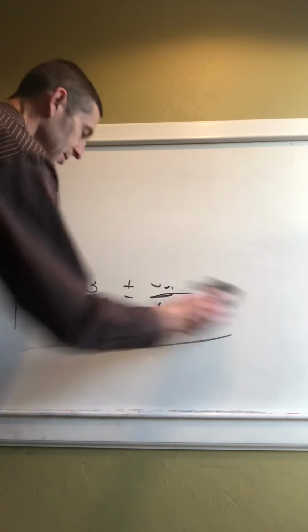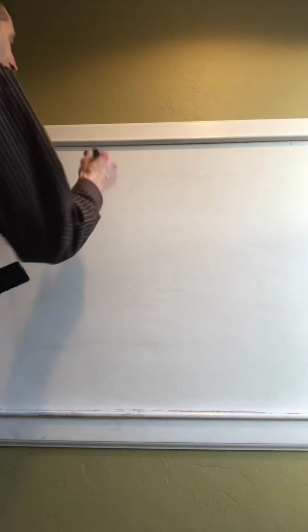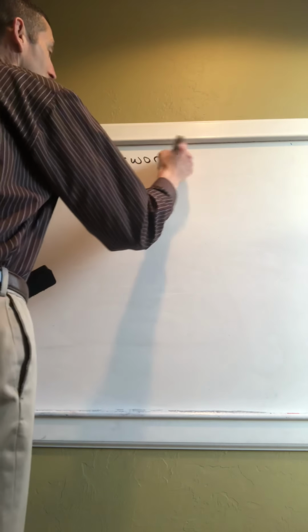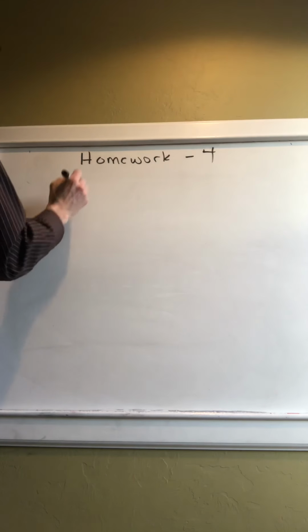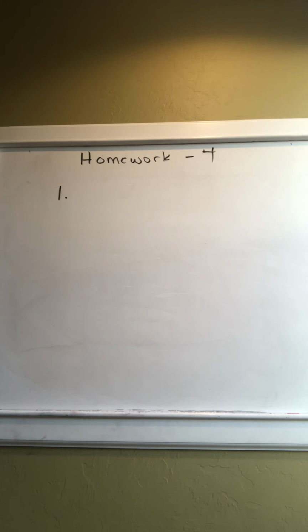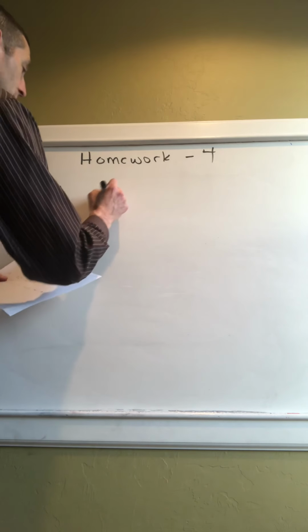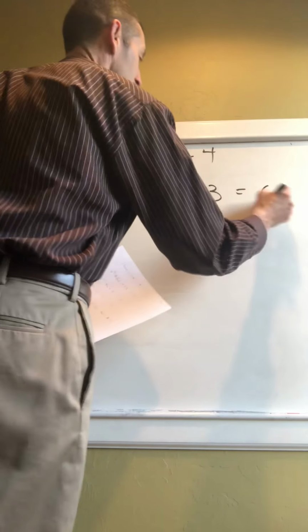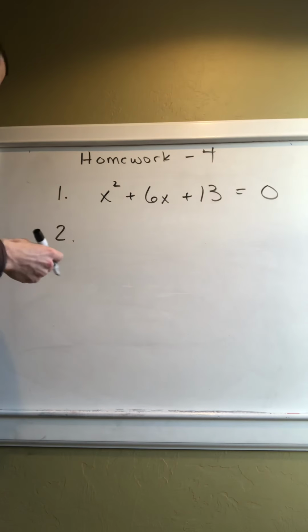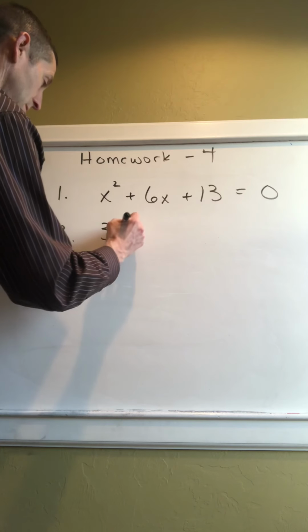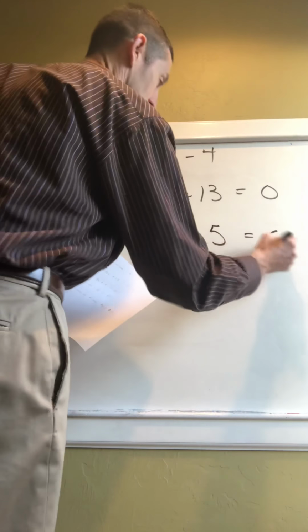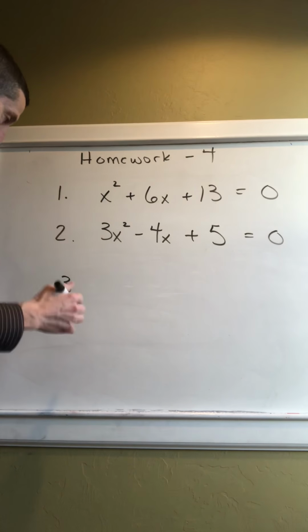Let's write out some problems for this assignment. So again, this is homework 4. Let's get these guys written down. Okay, here we go. So x squared plus... Whoops, hold on.